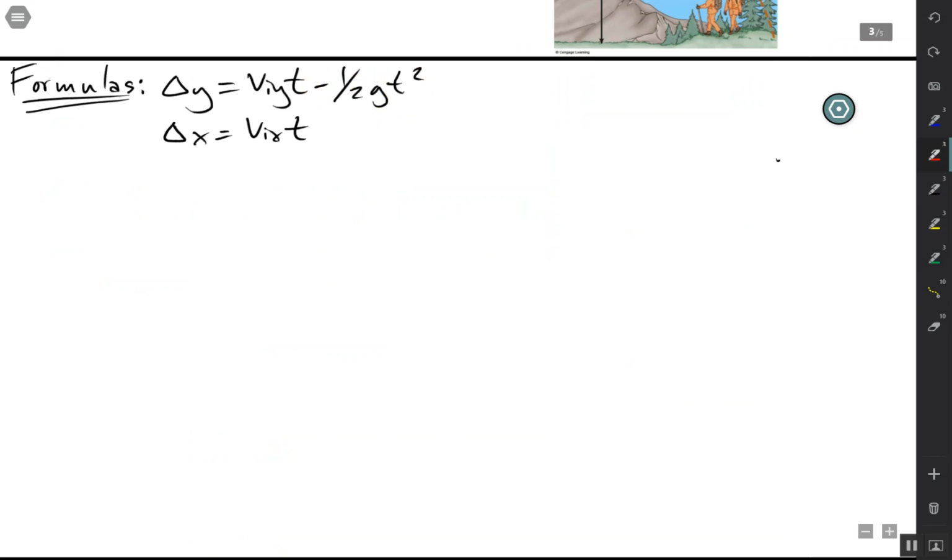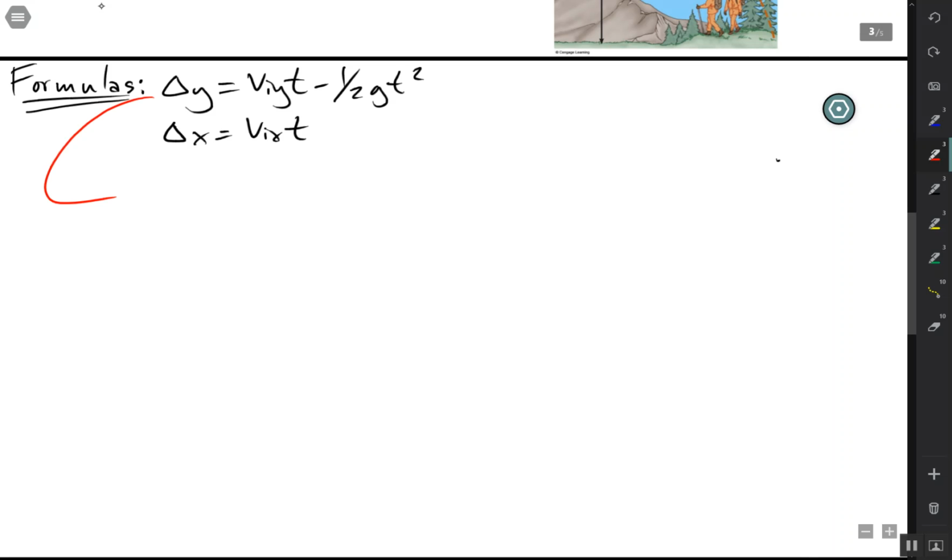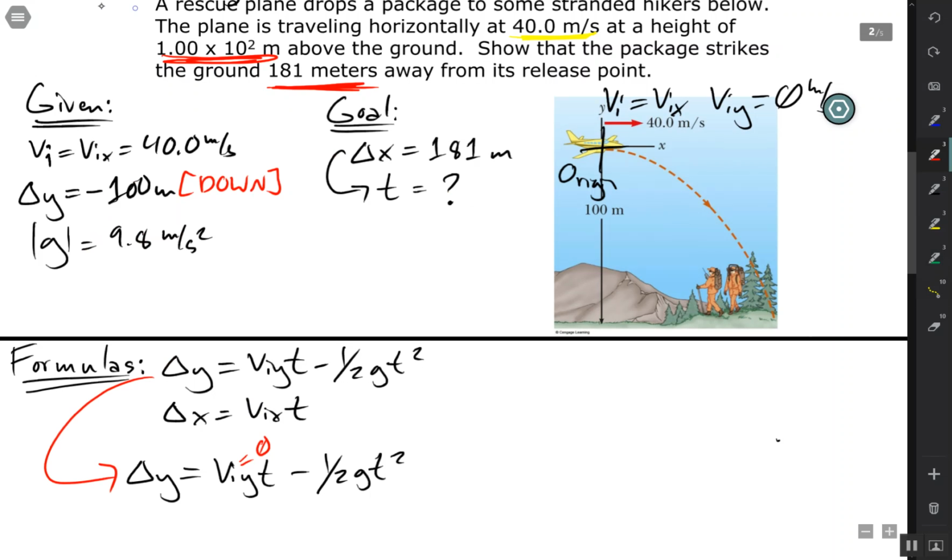Okay, so let's use the first one. And right off the bat, something cancels out to 0. Now what is that? It is because we said that this v_iy is actually 0. There is no y component to that initial velocity.